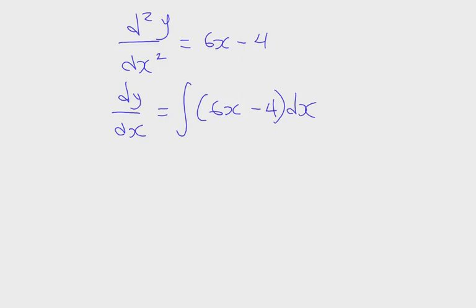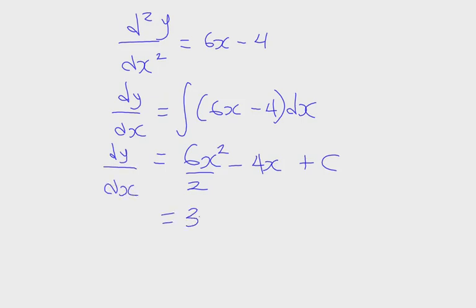So this means that this is the second derivative, so we're going to get the first derivative by integrating once. So this will be 6x squared divided by 2 minus 4x plus c. That's dy/dx. And that will now be 3x squared minus 4x plus c. That's dy/dx.